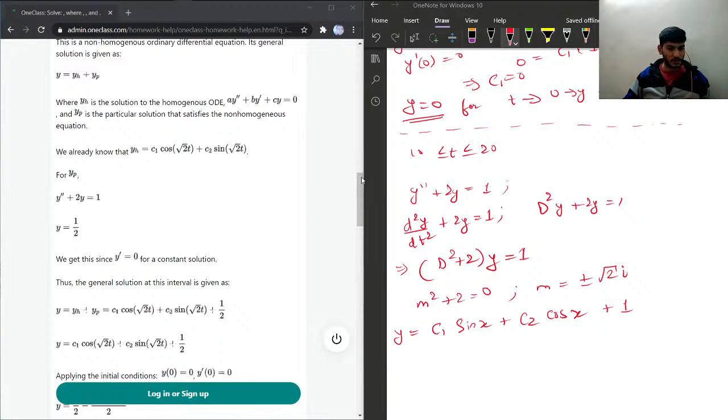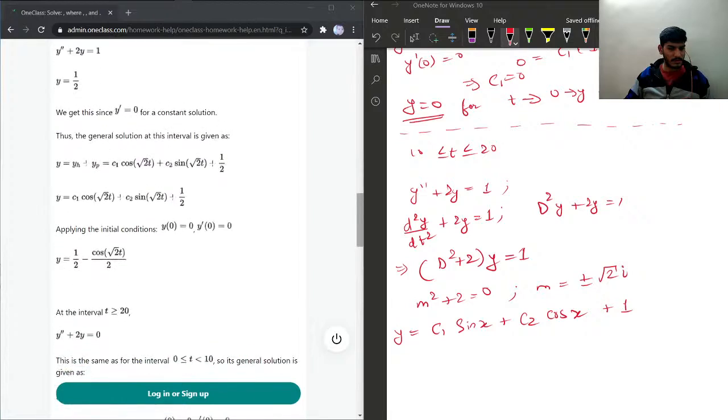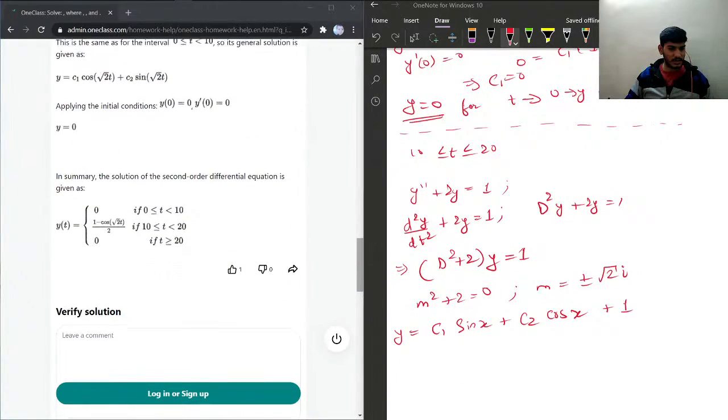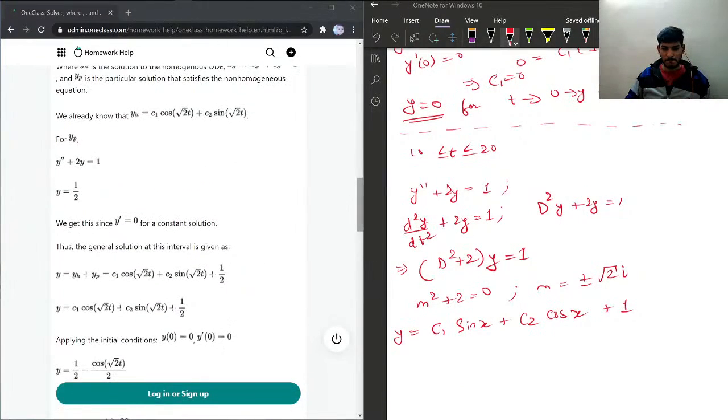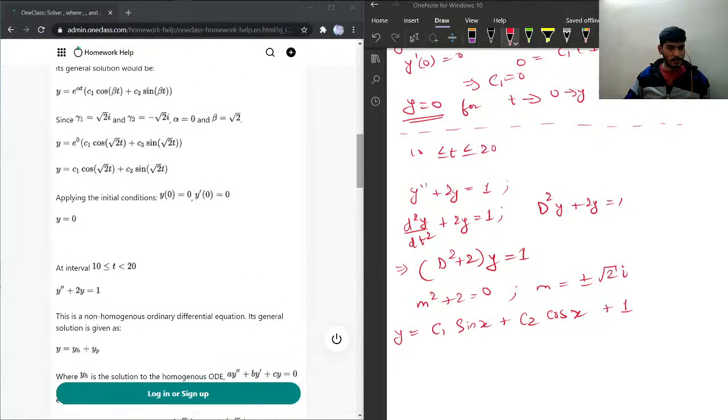We get y prime equal to 0 for a constant solution. Therefore, well, this should be equal to 1 only. I'm not sure if they are correct. Okay.